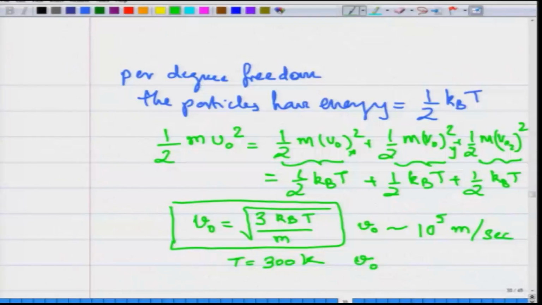Before we go further, Drude's model assumes a Maxwell-Boltzmann type distribution of energies of the electrons inside the solid, and shows that the velocity should be temperature dependent, proportional to the square root of temperature.